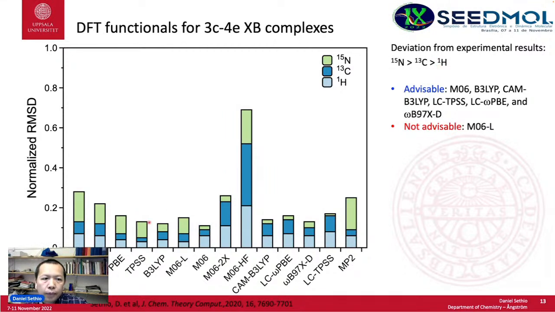So we can see there are several advisable, reasonable functionals, such as M06, B3LYP, CAM-B3LYP, LC-TPSS, LC-omega-PBE, and omega B97XD. Using a pure local functional such as M06-L is not advisable.